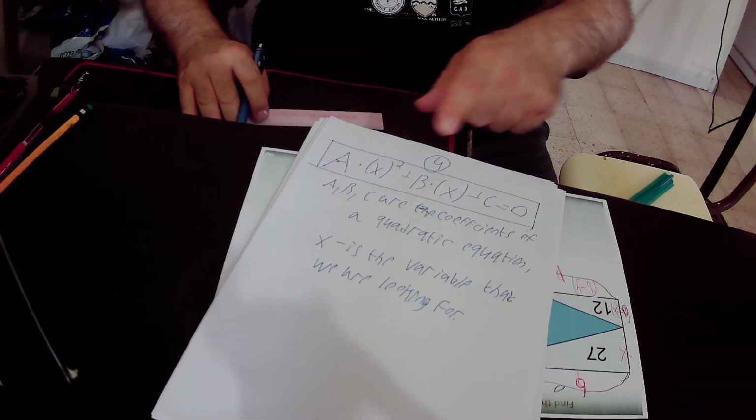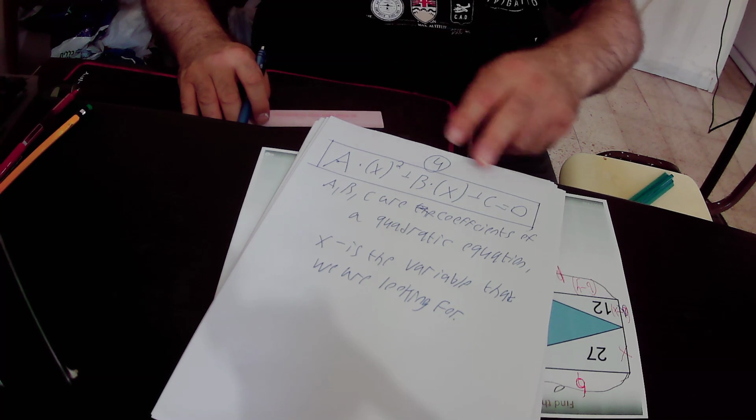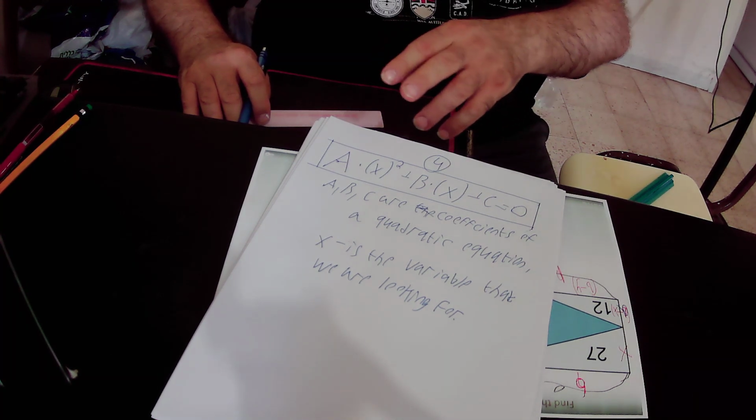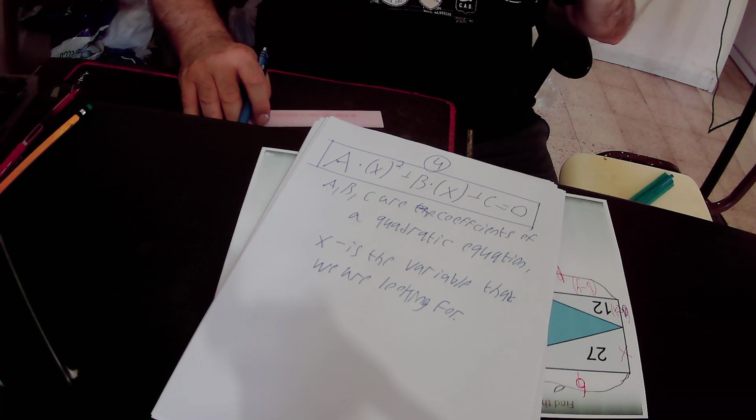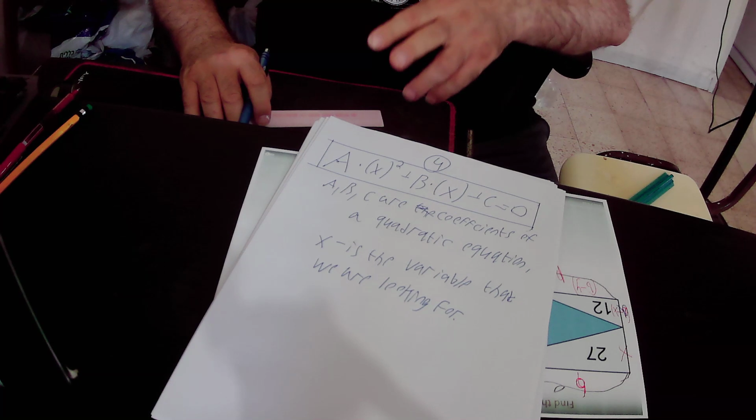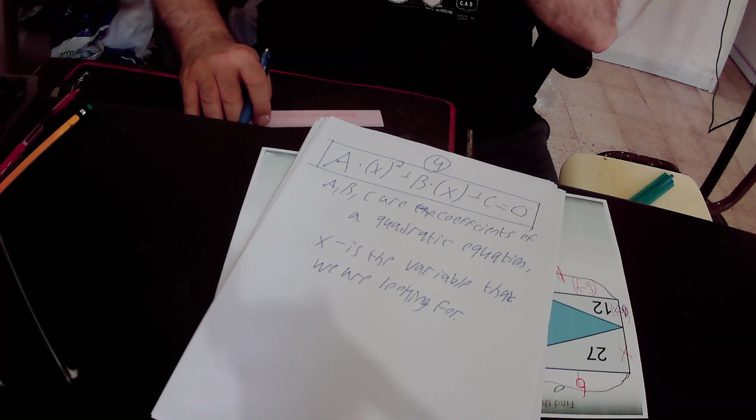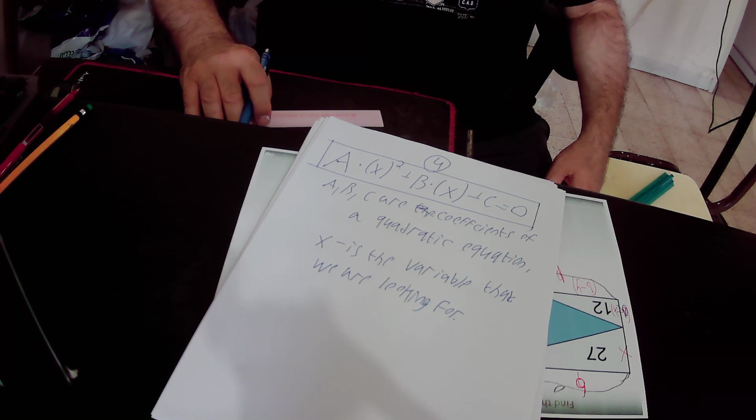Okay, A, B and C are the coefficients of a quadratic equation, and x is the variable that we are looking for in a quadratic equation. So the values of x are also called the roots of the quadratic equation. I said the values because it might be that x will have two different solutions.